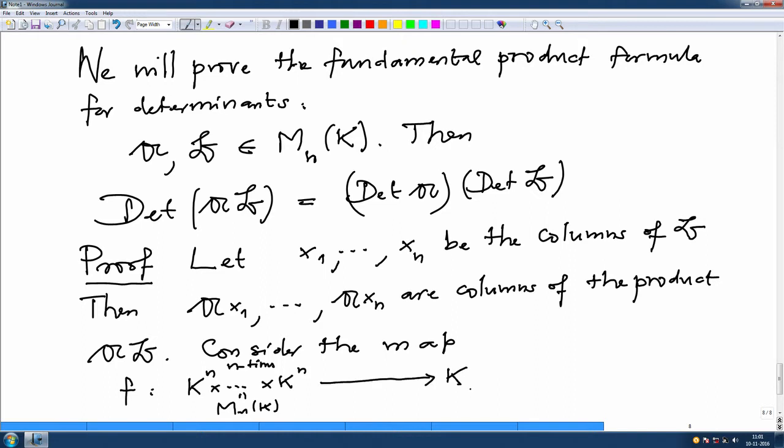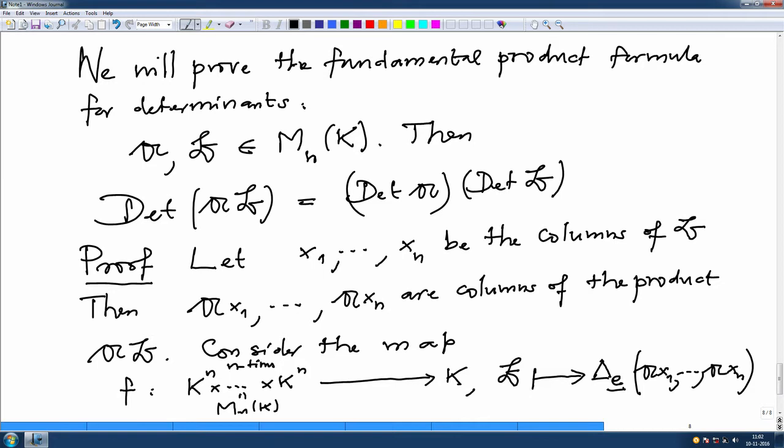What is the map? Take any matrix B and map it to delta E, the standard determinant function on k^n, evaluated at these columns A x1, ..., A xn. This makes sense. This is a map from M_n(k) to k. This is the map defined.